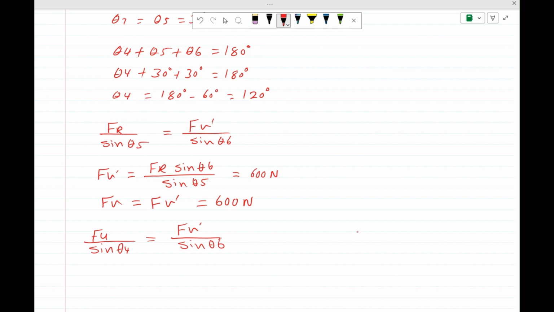When you solve for Fu, it should equal Fv dash times sine theta 4 divided by sine theta 6. Plug in all of these values, and you should get Fu equal to 1039 Newton. This is what is needed from us, finding Fu and Fv.